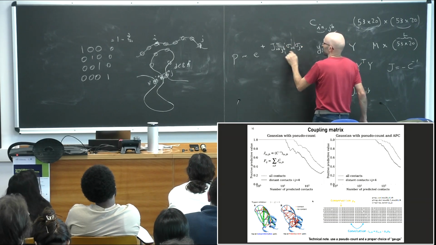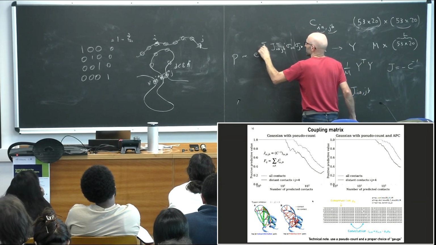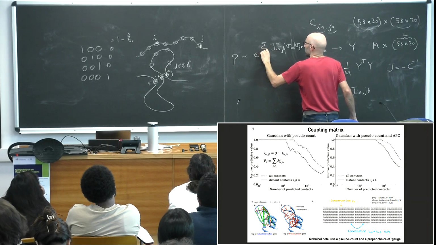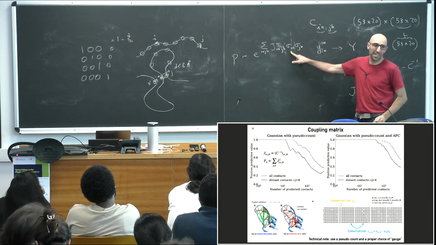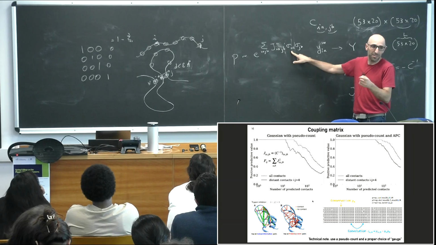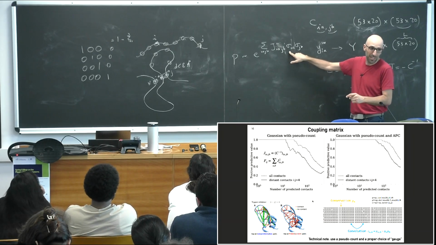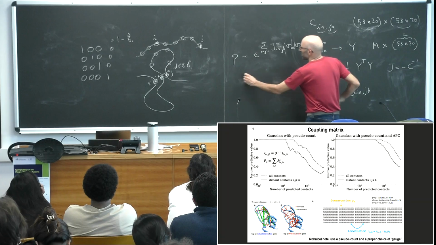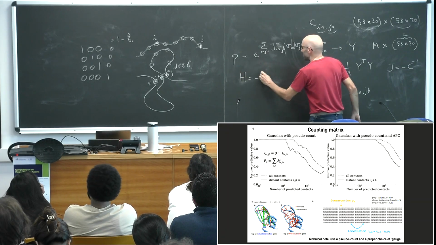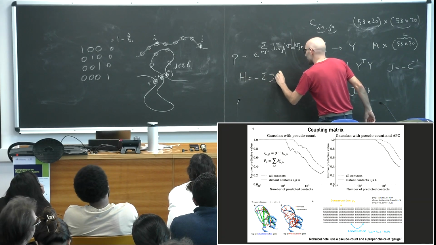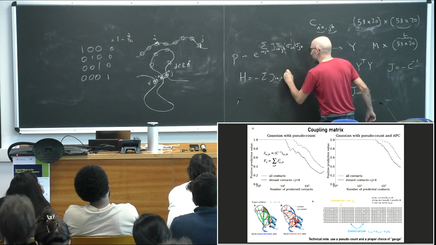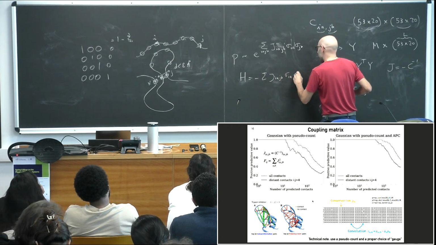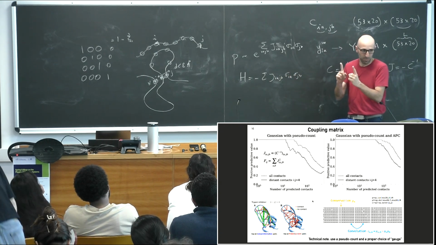If I call sigma_ia a variable that is 1 when amino acid A is present on site i, and I put a plus here, then my Hamiltonian is minus this. And this means that positive coupling means ferromagnetic interaction, so they are likely to be together.